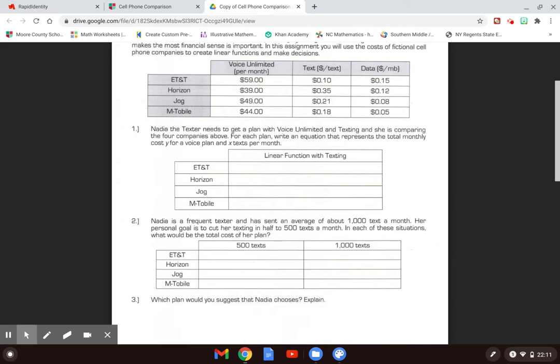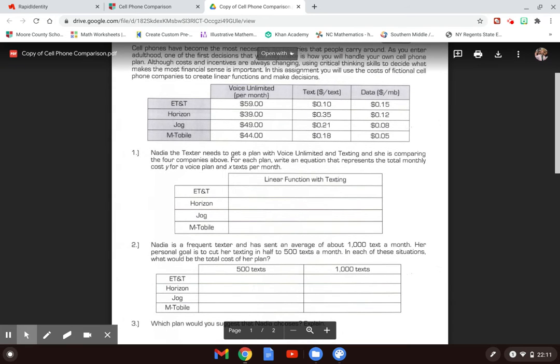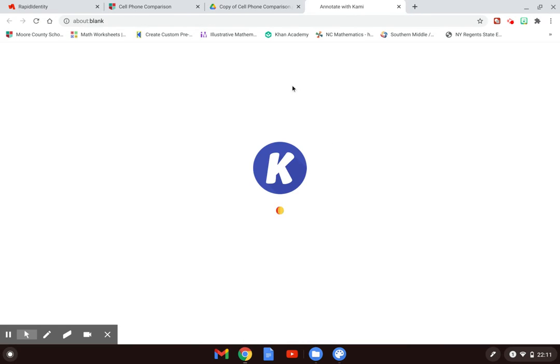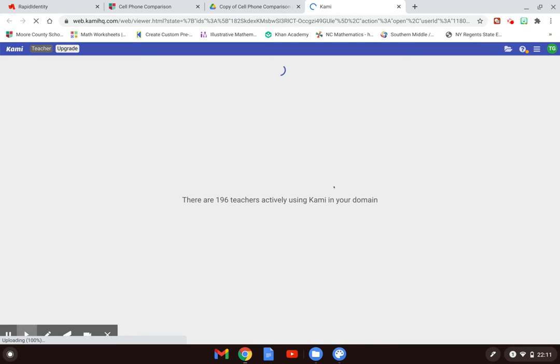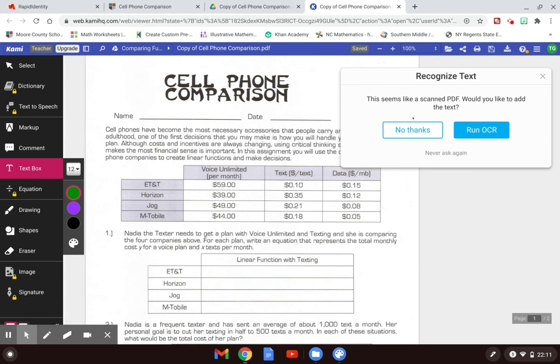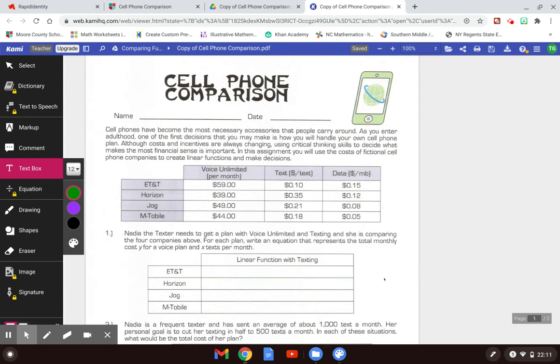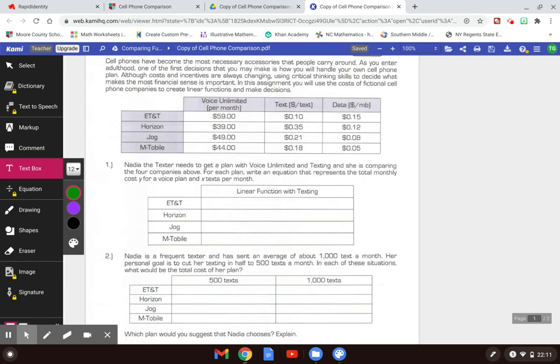For each plan, write an equation that represents the total monthly cost Y for a voice plan and X texts per month. Okay? So for the first one, for ET&T, we're looking at voice unlimited and texting.